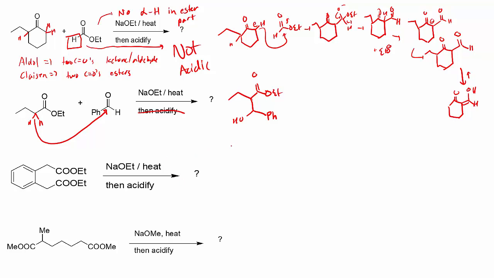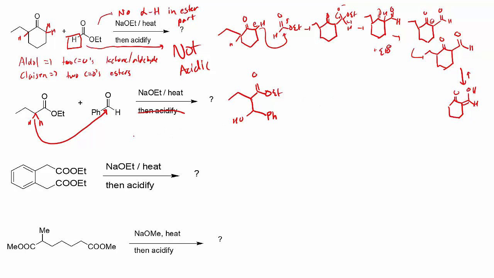Okay, there's no stable anion that can form. We can make an alkoxide. Let's see, 1, 2, 3. Now we're not going to make a cyclic ester here. Okay, so this is what we make right here. How do we make this?